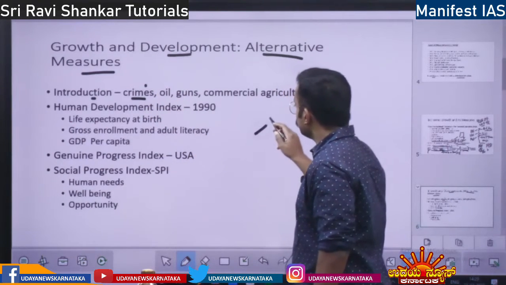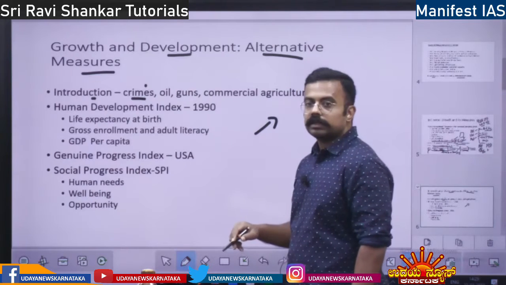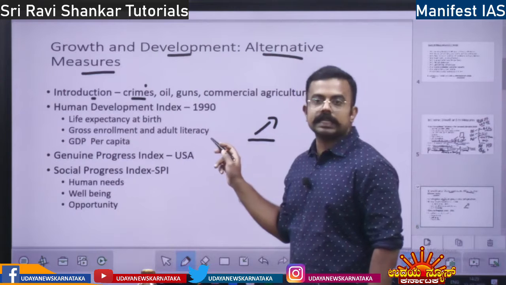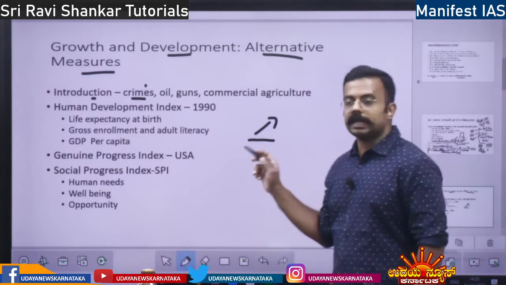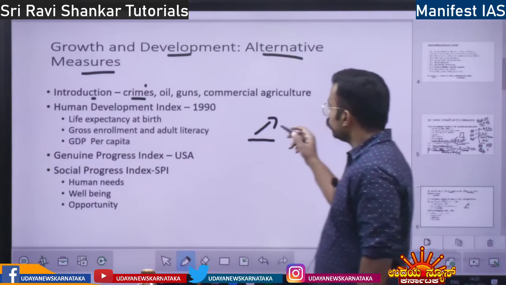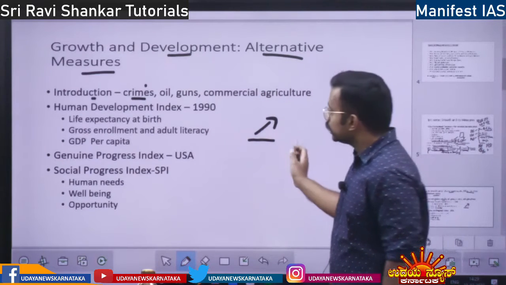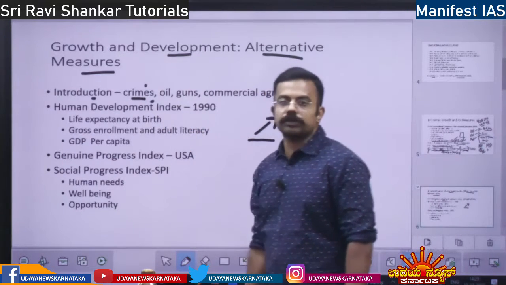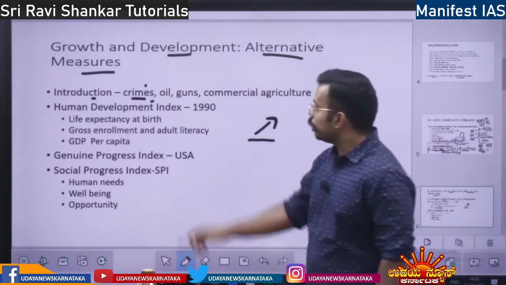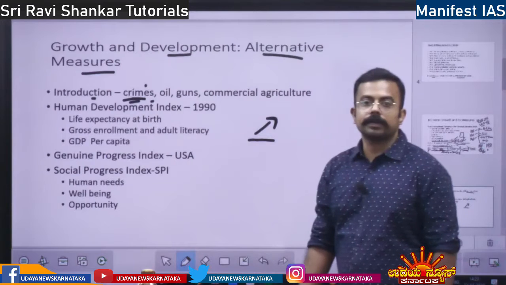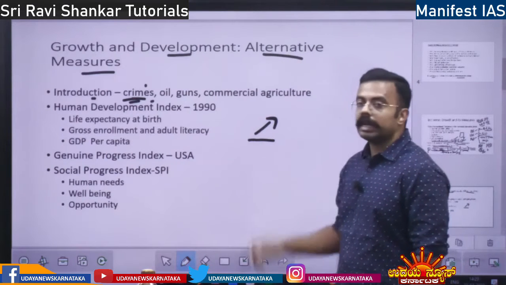So when there is more investment, that will boost the economy, and GDP increases. But does that mean the society is peaceful? No, because GDP increased because of crime. So GDP is not a good measure.